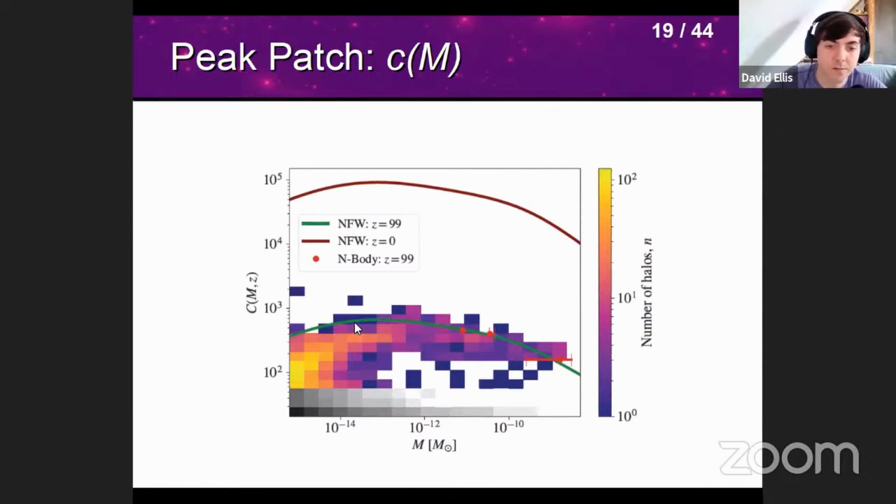So we can evolve this line that we've predicted for redshift 99, which is the final redshift of the N-body results, and project it toward today. We see that these concentrations are very, very large, peaking at around 10 to the 5.